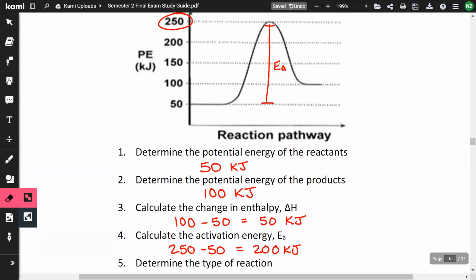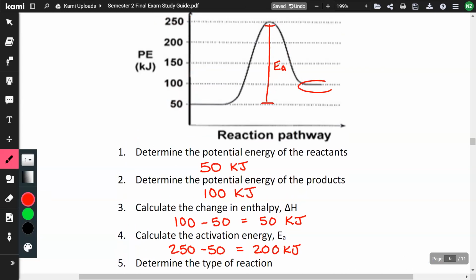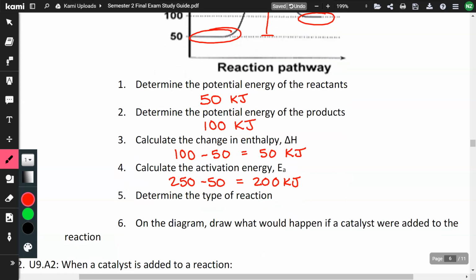We are ending with more energy than when we started, so this is going to be an endothermic reaction. You can also identify it as endothermic because our delta H value is positive.